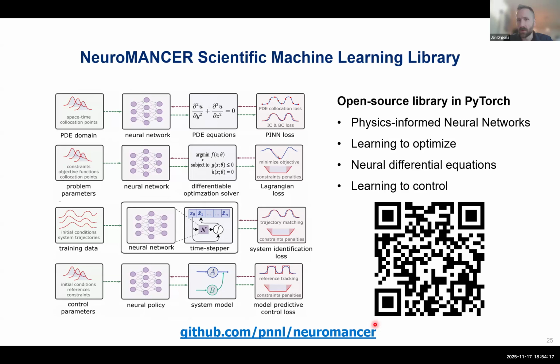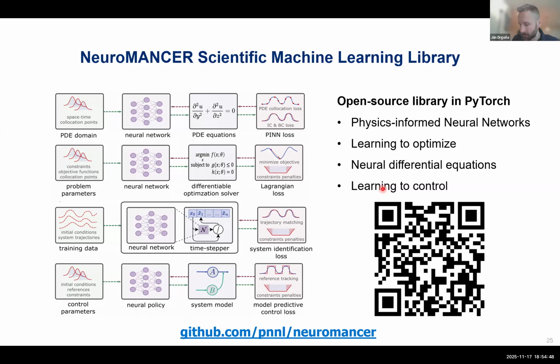I think it's 5 years now, where we have user-friendly examples of how to train physics-informed neural nets, learning to optimize for constrained optimization problems, how to learn a nonlinear system identification model with neural differential equations and other methods like the deep Koopman approach, and learning to control with differentiable predictive control. So these are really served with few abstractions built on top of PyTorch.